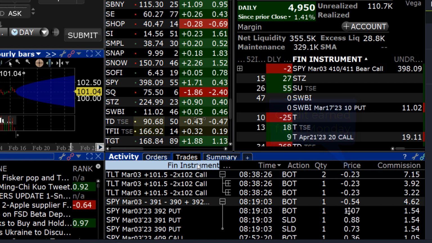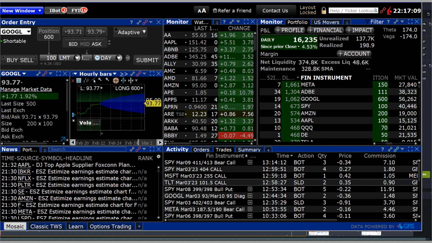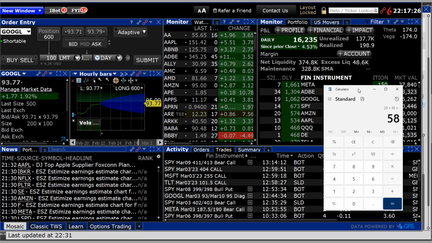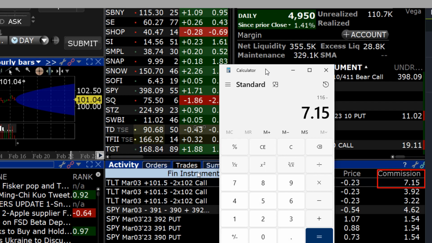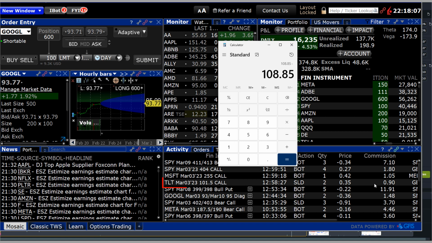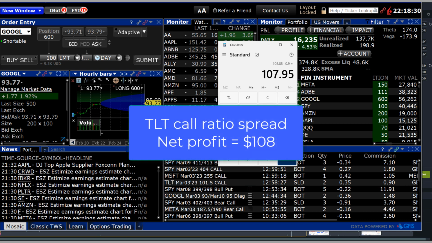So my total profit would be the $23 that I made originally for each combo, and then just add the 35 on top of that, which is $58 per combo. And because I have 2 of those, that's $116. And if we subtract commissions from that, that would be $7.15 for Monday's transaction, minus 90 cents for today's transaction. So it's about $108.